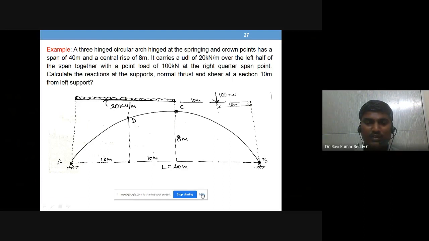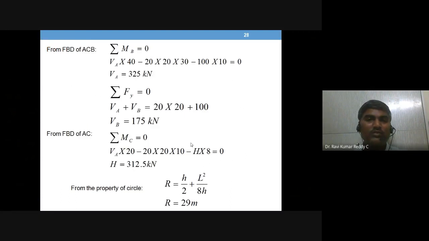What we have done in the last session, I'll just quickly go through because it is already done. We take the free body diagram of the complete arch and apply the three equilibrium equations.